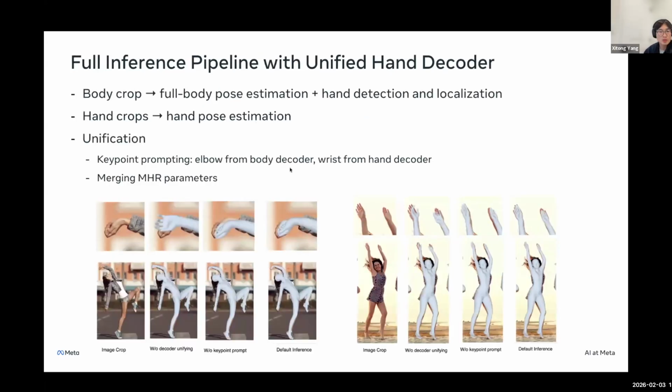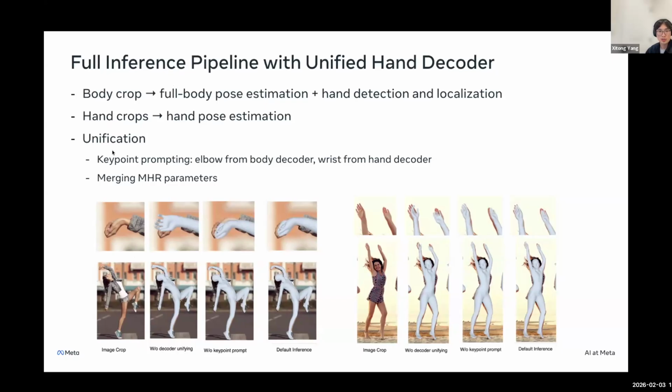Here are a little more details about our unified hand decoder. When we do inference, given the body crop, our model will first predict the full body pose estimation results, and we can also estimate the hand location. Then for each hand, we crop the hand to get a higher resolution input to the model, and estimate the hand pose again.